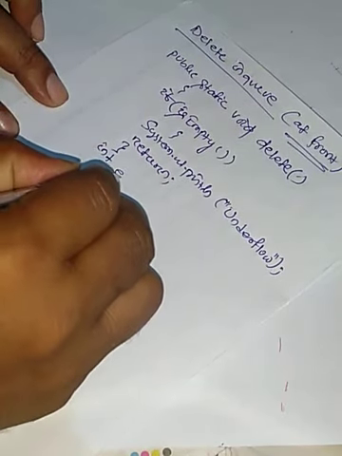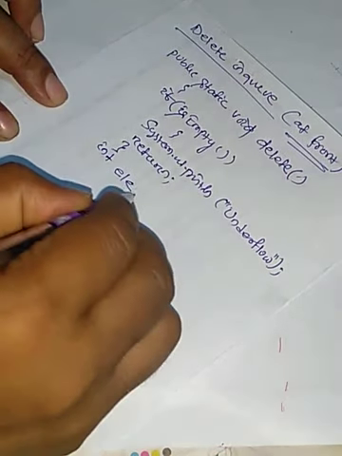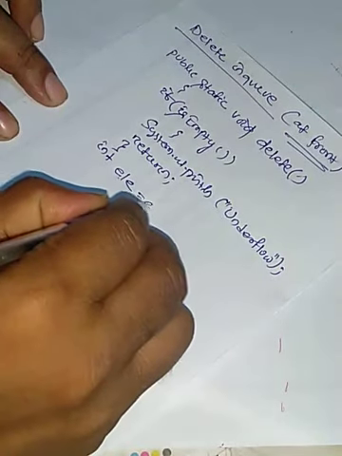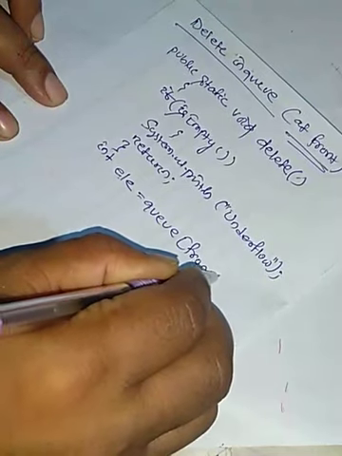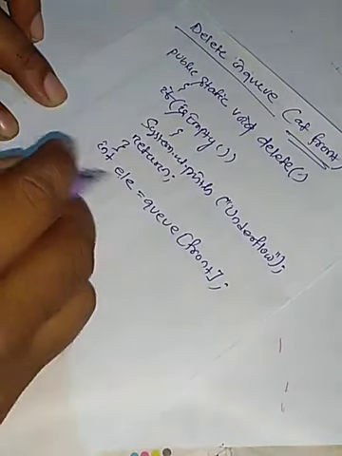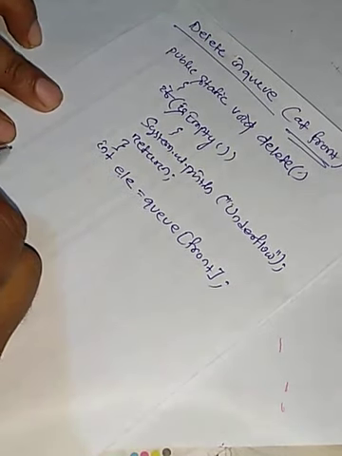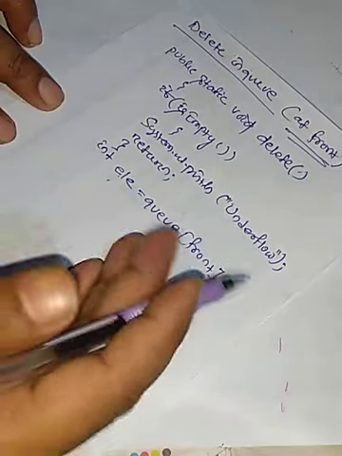Then the element which is to be deleted, ELE, which one? From the front. So element equal to Q front, the element which is at the front is to be deleted. Now if there is only one element, what will we do? The front and rear are set to -1, that means no element.